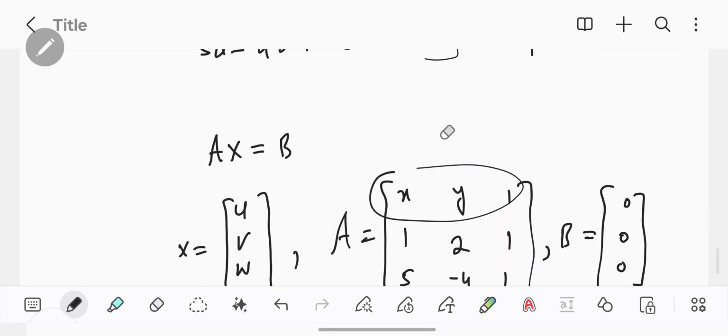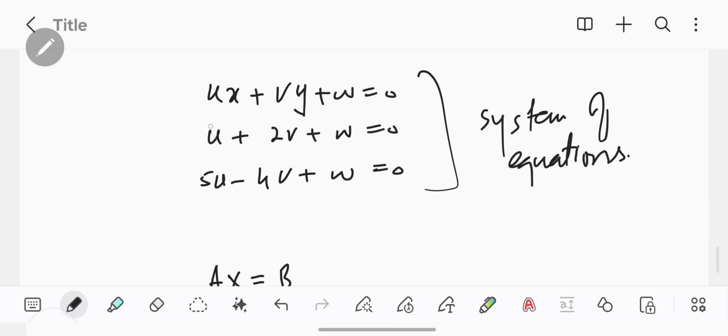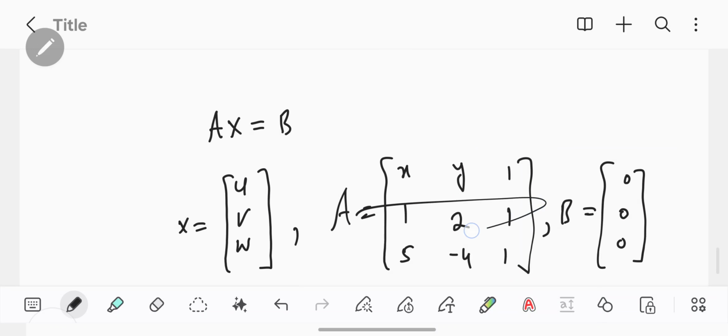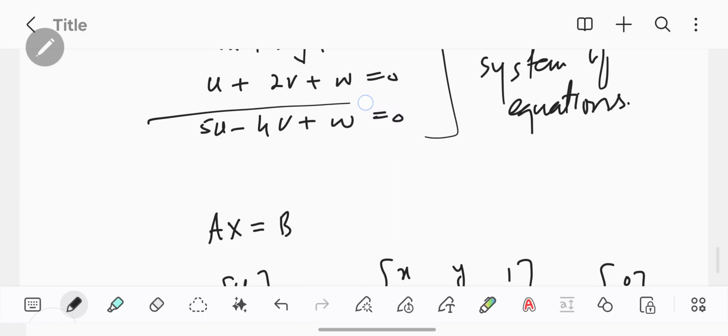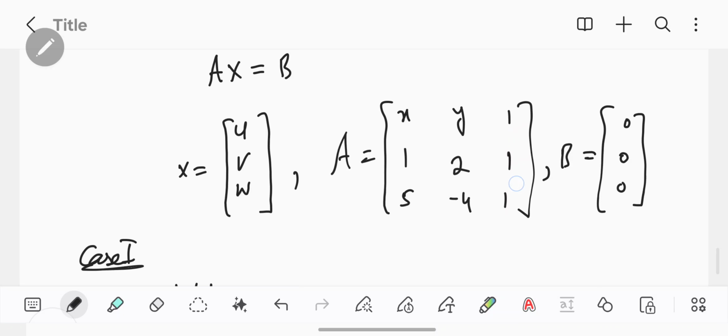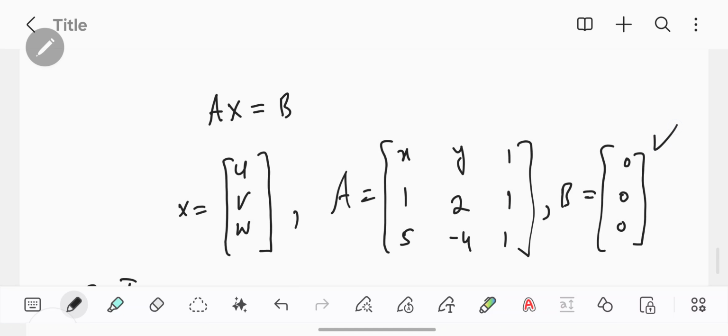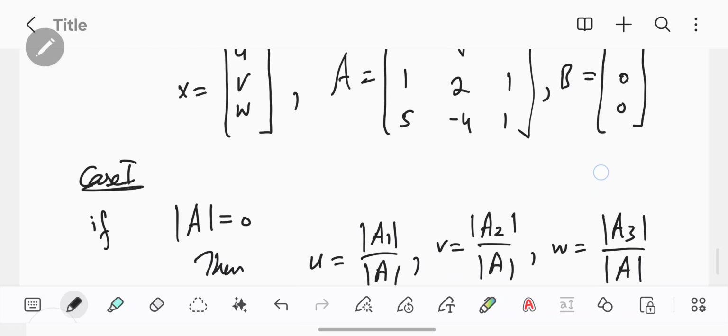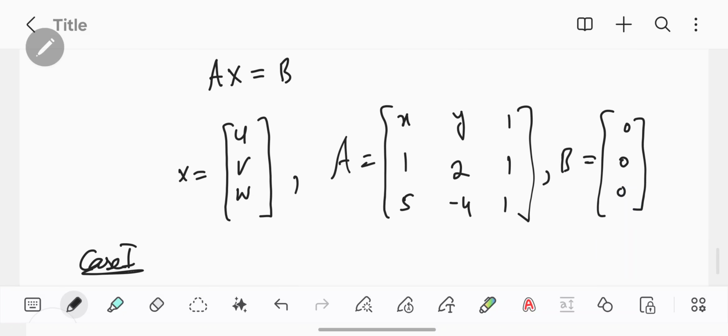So x, y, 1 here, and here the coefficient of u is 1, coefficient of v is 2, the coefficient of w is 1. So 1, 2, 1. Similarly, the last row 5, minus 4, 1. And b here is 0. So we can solve this system.